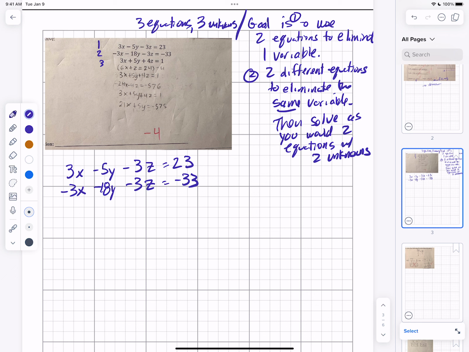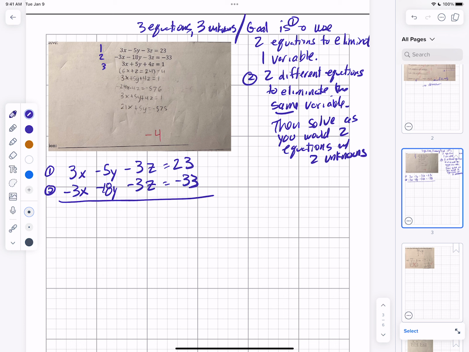And I'm going to try and eliminate the x's. Okay, so this is equation 1 and 2. So I'm going to eliminate the x's, and it's simple. I'm going to do that by just adding down. So if I add down, I come up with -23y minus 6z equals -10, right?